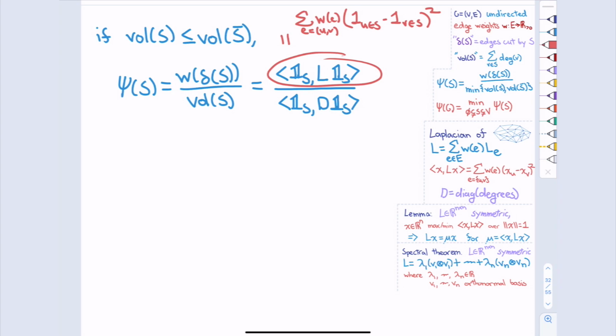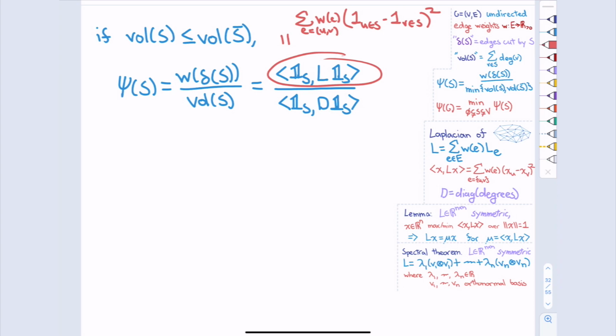Likewise, in the denominator, 1_S transpose D 1_S, you're just summing over the vertices in S, the degree. So in the denominator, you just get the volume. That's more straightforward.